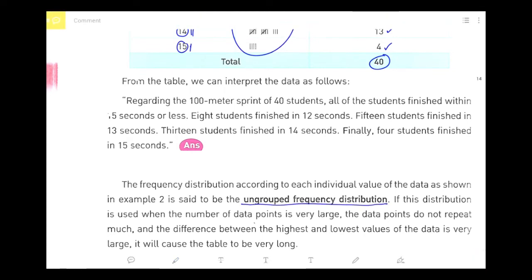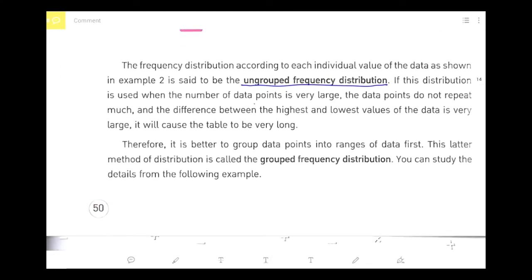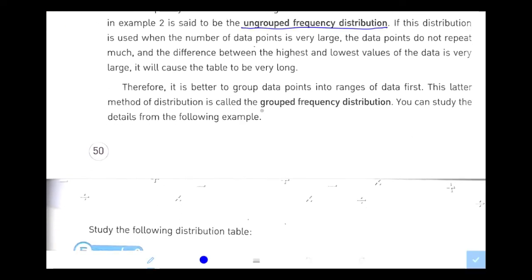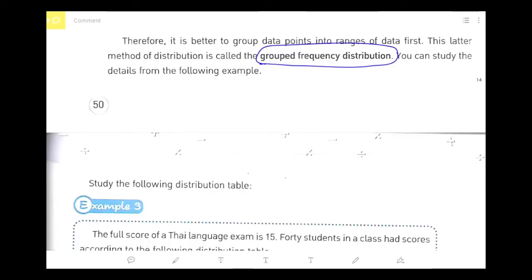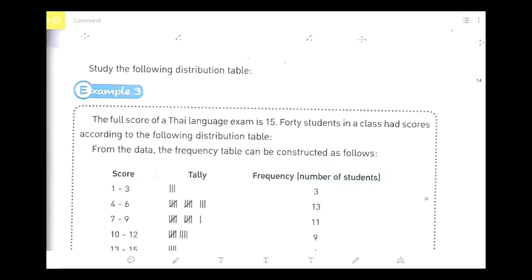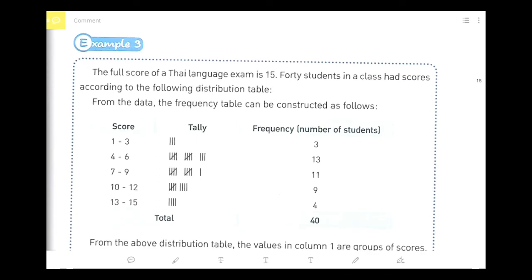Okay, so next we go for grouped data, grouped frequency distribution. What is that? Let's take a look at this example number 3. Do you see the difference? This one is in a group, like a group of the scores 1 to 3, a group of the scores 4 to 6, a group from 7 to 9, 10 to 12, 13 to 15.